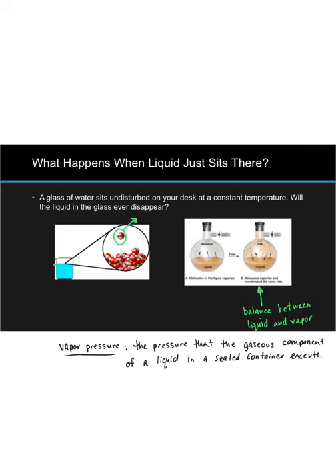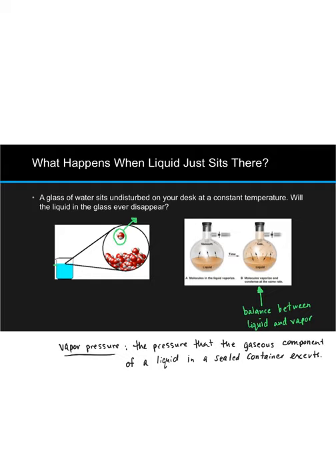The higher the vapor pressure for a liquid, the more likely that liquid is to become a gas. Because the higher the vapor pressure, the more gas particles we must have, based on the same gas laws that we established in Chapter 9.